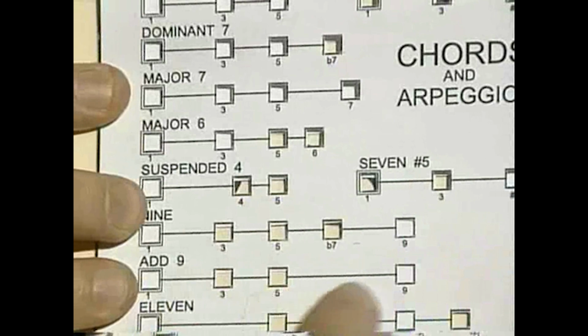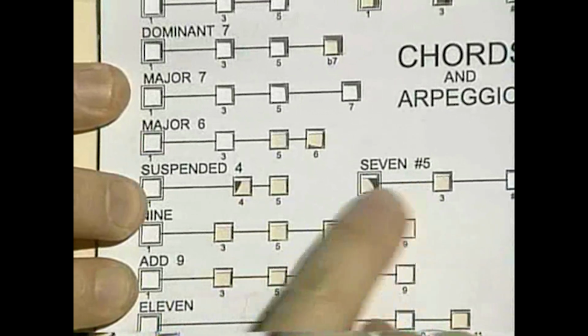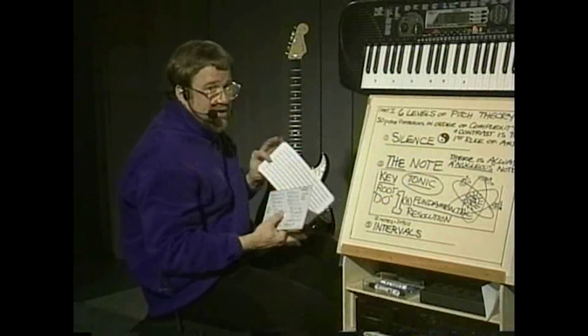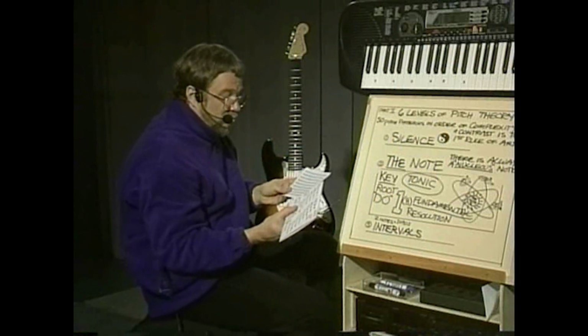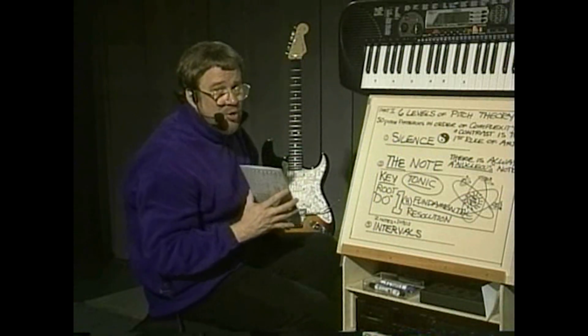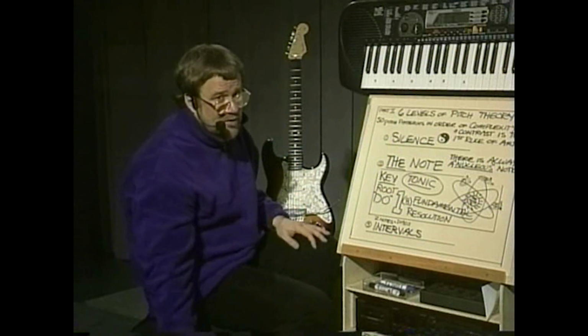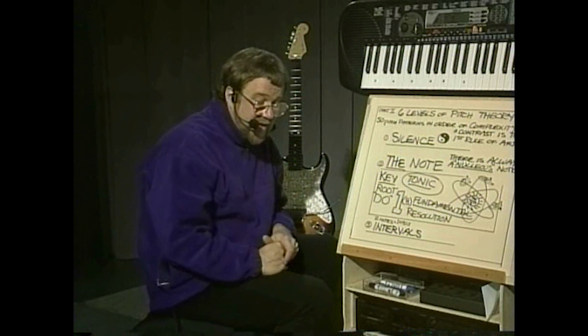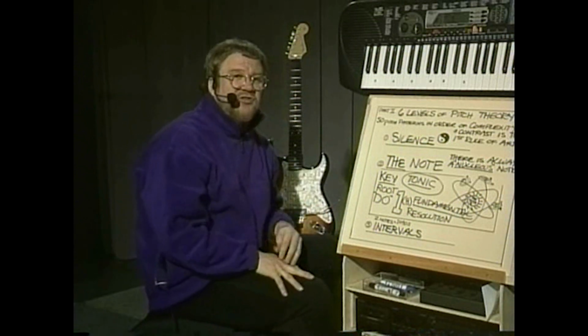In chords, you have these larger distances between the notes. Now, some chords have relatively small intervals in them as well, but as a general rule, you can say that the notes in chords are spaced further apart than the notes in scales are.